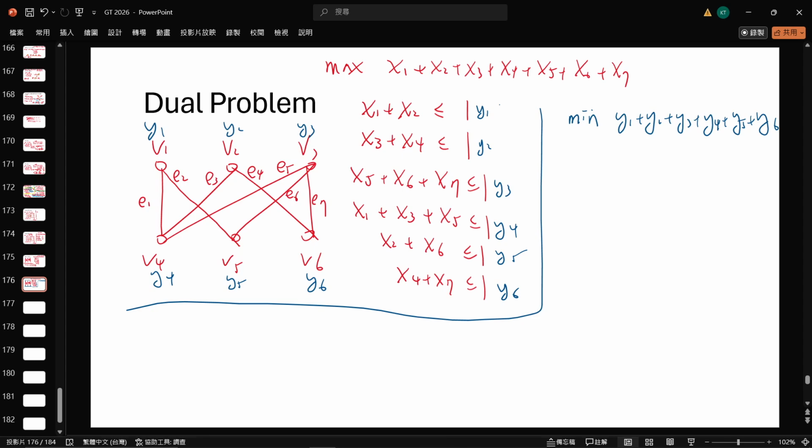So we can first write down the right-hand side of these constraints, which are just the coefficients of the variables in the objective function in the original problem.